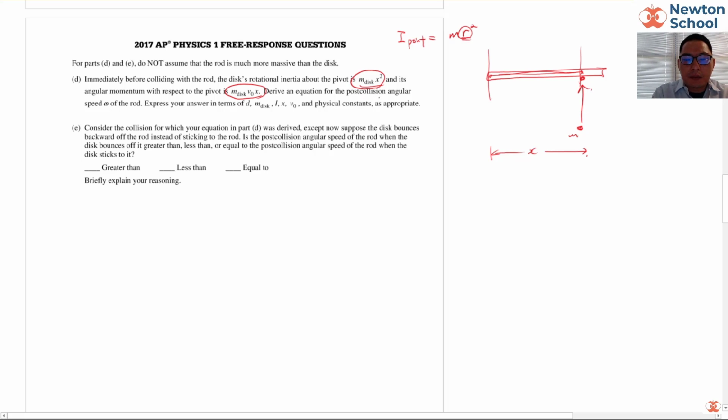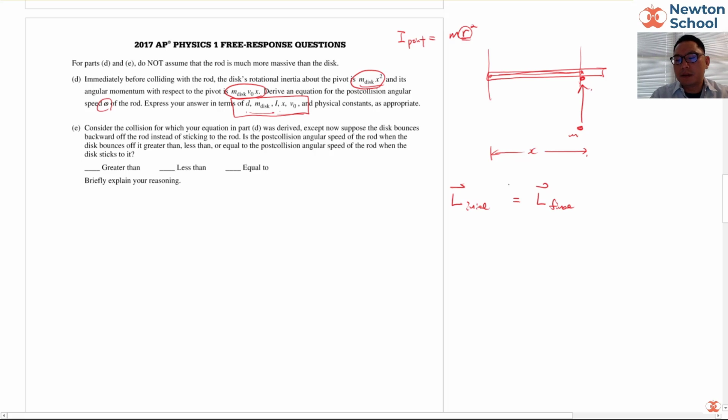Derive an expression for the post-collision omega, expressed in terms of m disk, I, x, and v naught. So I guess you have to use everything. You want to say angular momentum initial equals angular momentum final.